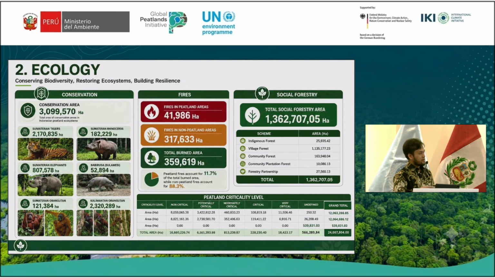Peatland management is not only about protecting wildlife, it is also about improving people's well-being, while ensuring that peatlands are conserved for future generations through this social forestry. Therefore, the local communities in the social forestry area must be engaged in peatland management to reduce the fire risks and lower peatland criticality levels.